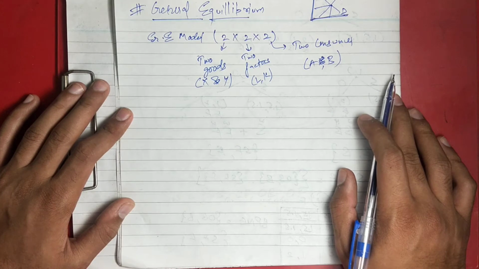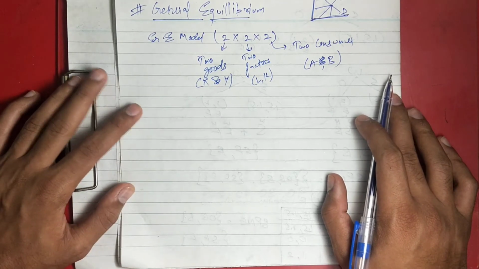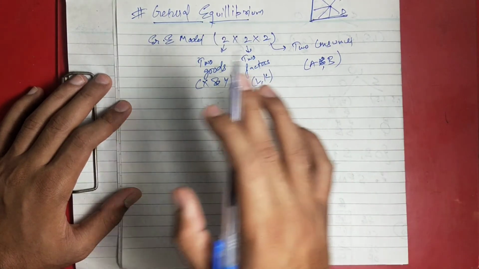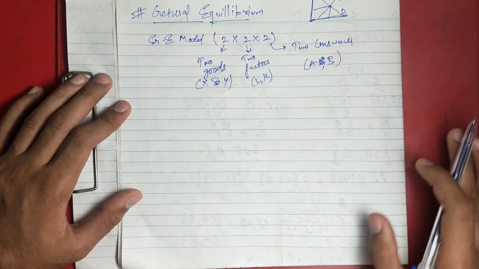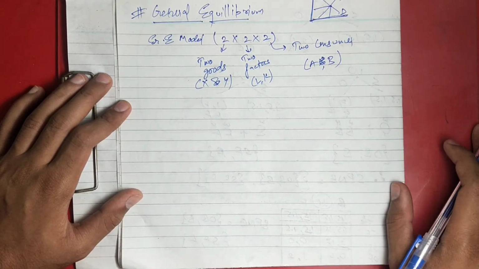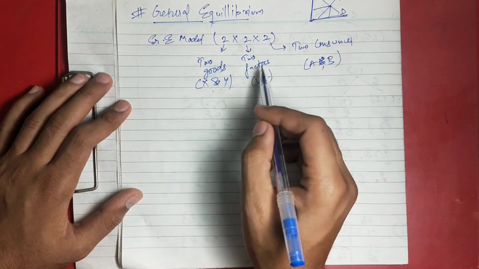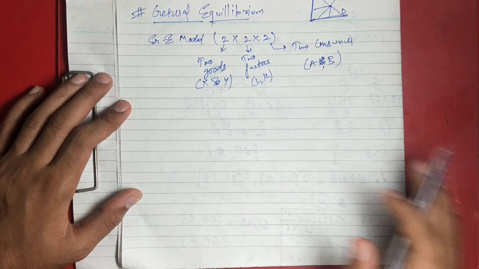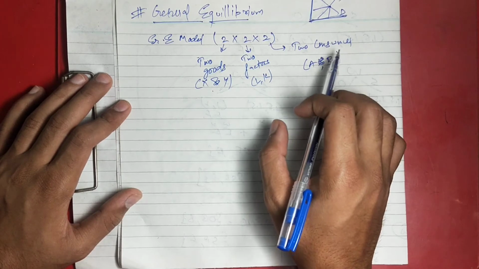We won't take the production into the picture. The partial analysis basically ignores the interdependence amongst the markets. If I am seeing this market, I will be making these two markets ceteris paribus, which is constant. I won't take this into consideration and I will keep this as a constant.